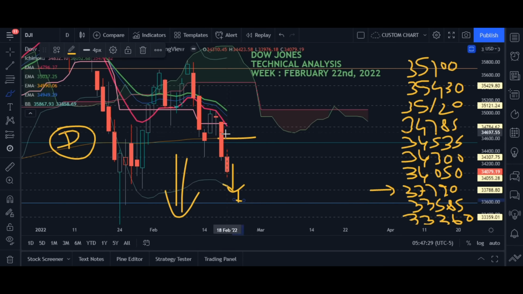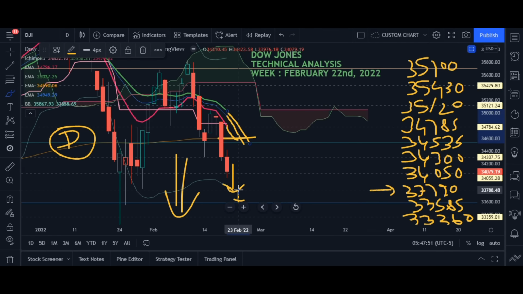Then other moving averages will be here. Now on 23rd of February, if there are no more bad news, particularly from Russia and Ukraine, in that case you can expect a rebound.